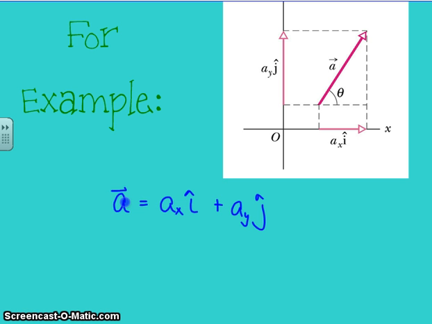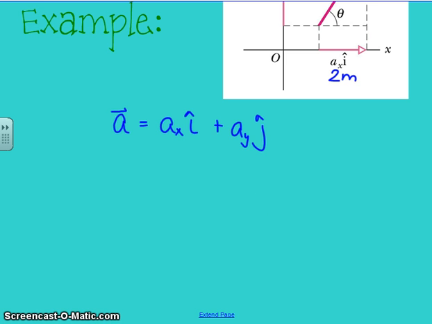Making this maybe a little bit more concrete, let's say that this x component was 2 units and this y component was 3 units. Heck, let's put units on there. Let's say meters. 2 meters and 3 meters. So I could write that A is equal to 2 i hat plus 3 j hat meters.